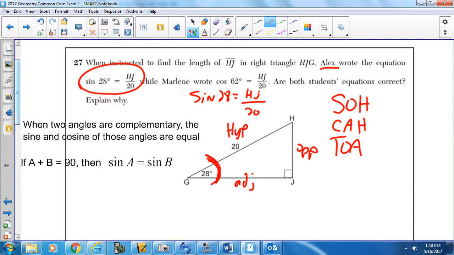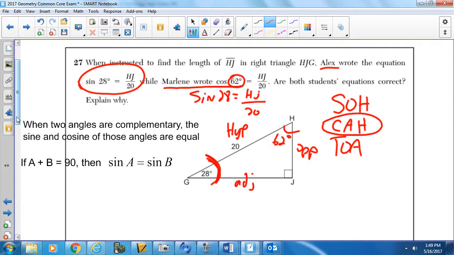That looks good. Now look what Marlene wrote. She wrote the cosine of 62 is equal to HJ over 20. Now, when you deal with cosine, that's the adjacent over the hypotenuse. Now, where did this 62 come from? Well, remember, there are 180 degrees in a triangle, so if you look at this other angle, you can figure it out, and if you do the math, it is 62 degrees.